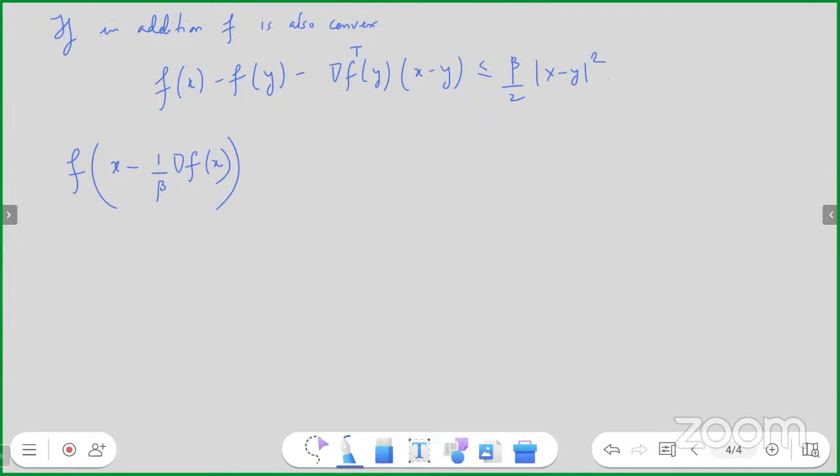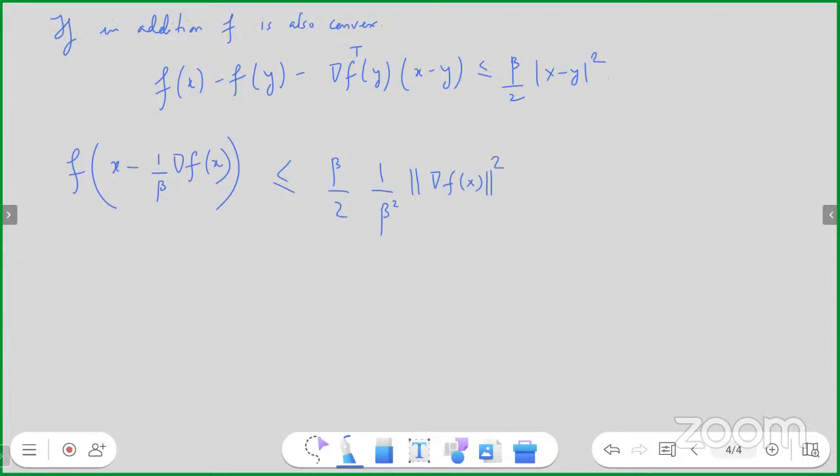You get that, if we substitute this as x and take y equal to x minus. Okay. Get that it's less than or equal to, now tell me, beta by 2 times 1 by beta square mod of that square.